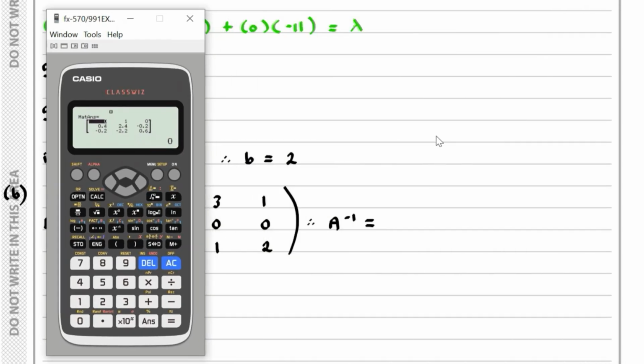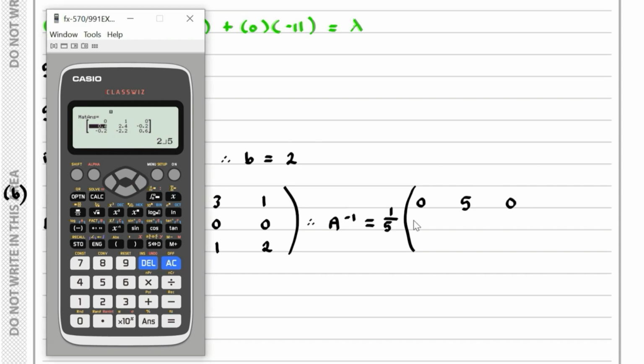So the inverse of this matrix, well, you can see if we take out 1/5 as a factor, we've got 0, 1. So here we need 5. Here we've got 0.